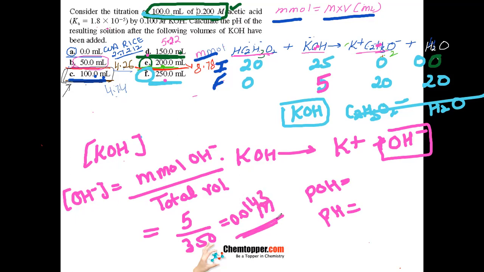If I take the negative log of this answer, I will get the pOH as 1.860. That's the pOH. And if I subtract this number from 14, I will get 12.141. That's the pH.